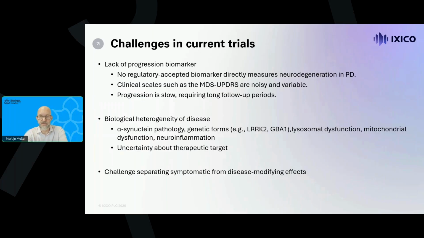Neuroimaging biomarkers for disease-modifying trials in Parkinson's will be mostly the focus of this webinar. Several challenges, however, continue to complicate Parkinson's disease-modifying trials. Disease progression is relatively slow, clinical measures can be noisy, and there's a substantial biological heterogeneity among patients.